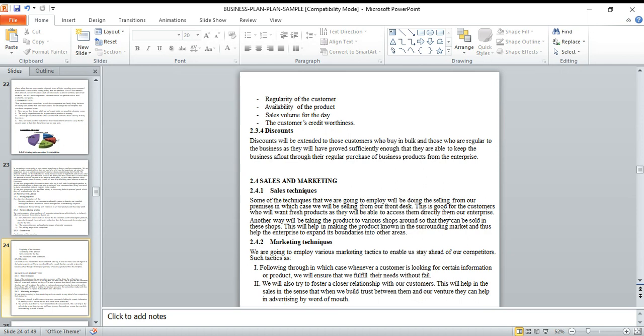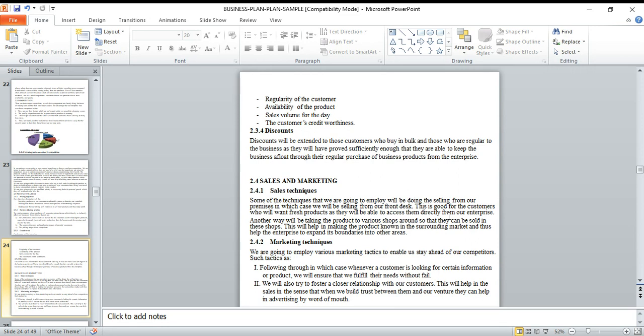We'll also do the discounts. Discounts will be extended to those customers who buy in bulk and those who are regular to the business, as they have proved sufficiently that they are able to keep the business afloat through their regular purchase of products from the enterprise.